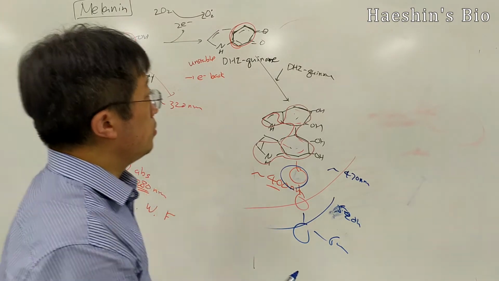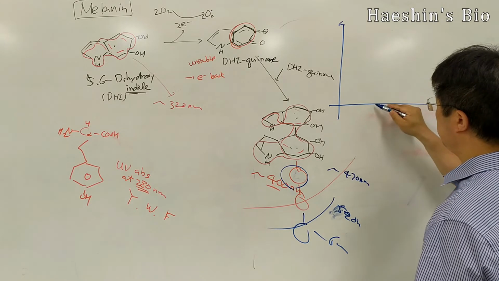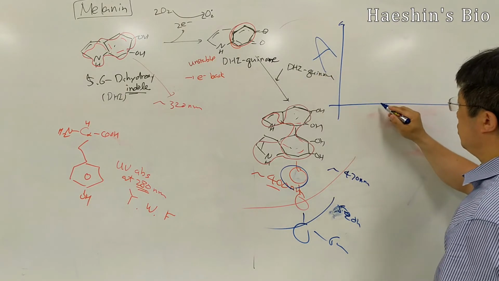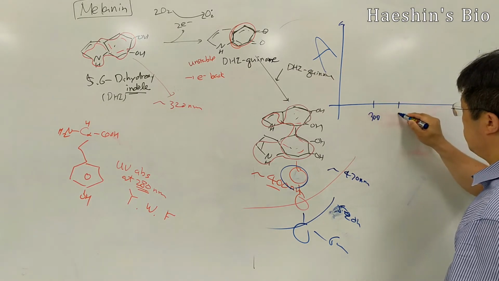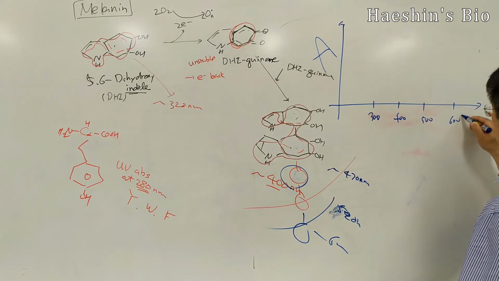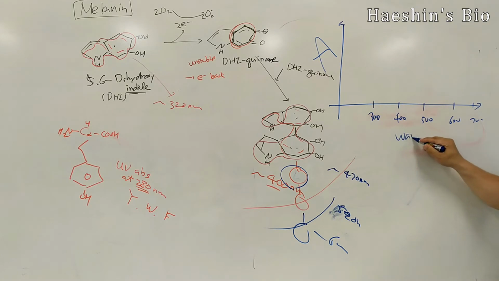See what happens now. So this is absorption. This is, say, 300 nanometer, 400 nanometer, 500, 600, 700, something. This is our wavelength.